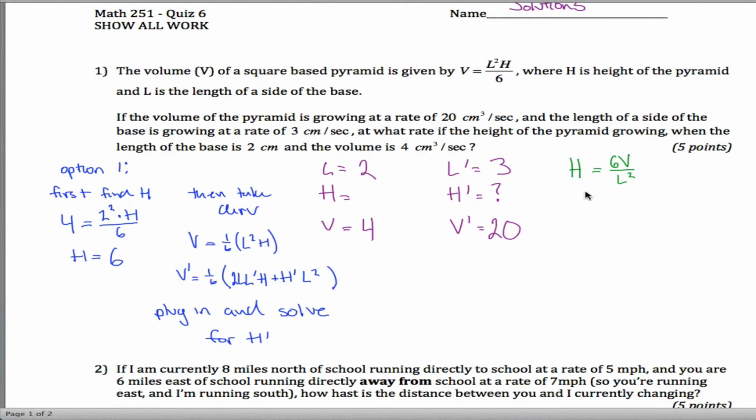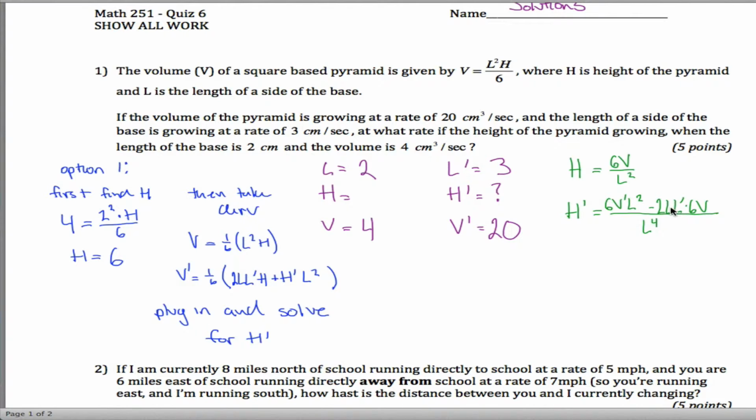Now if I take the derivative of both sides, I'll get H prime equals, using the quotient rule, the derivative of 6V, which is 6V prime, times L squared, minus the derivative of the bottom, which is 2L times L prime, times the top, which is 6V, and divide that entire thing by the bottom, L squared, squared. In other words, L to the 4th power.